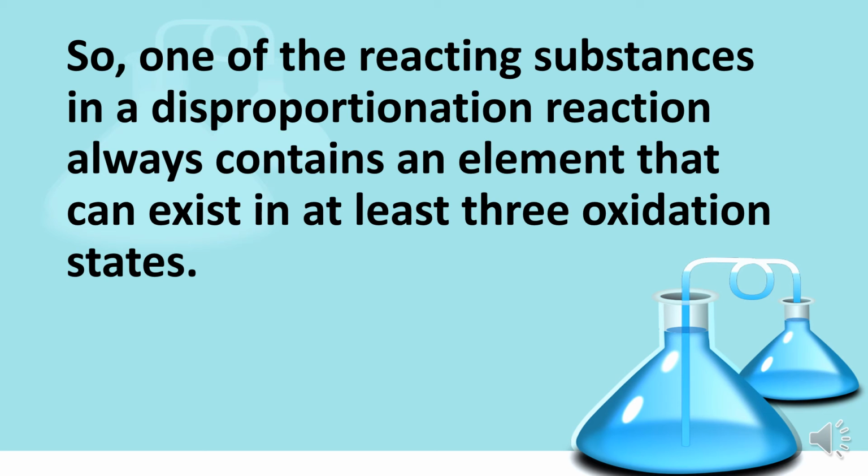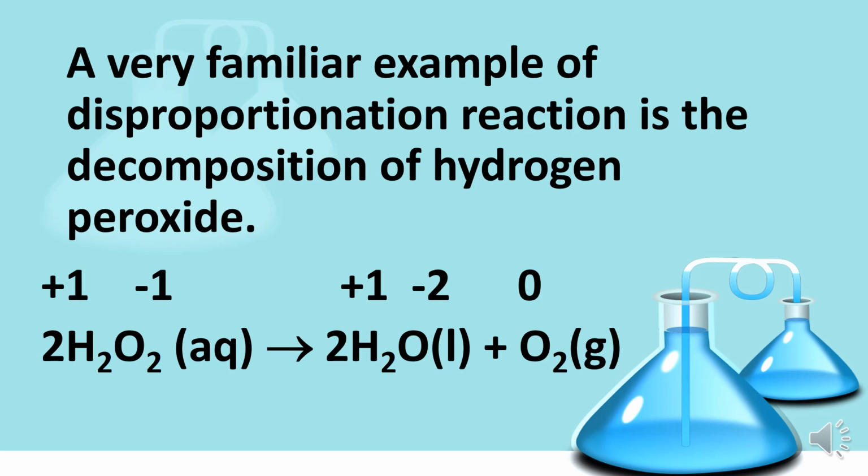A very familiar example of disproportionation reaction is the decomposition of hydrogen peroxide. So, hydrogen peroxide decomposes to give water and oxygen. Now, students, see carefully. In hydrogen peroxide, the oxidation state of oxygen is -1.